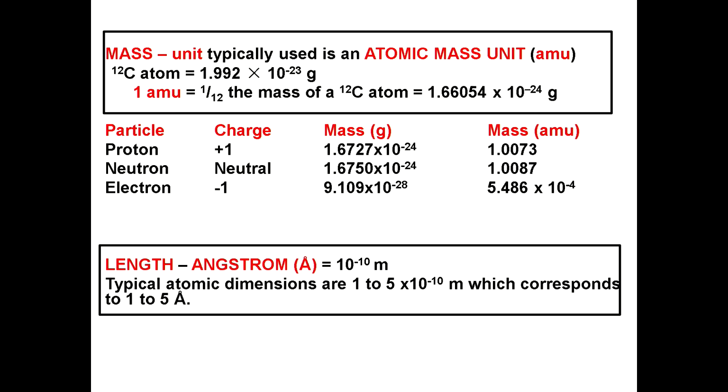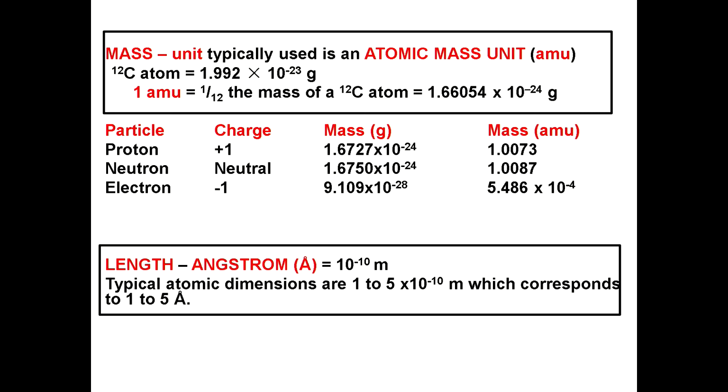For example, the proton: the mass in grams is this number, and this number divided by the mass of 1 AMU gives 1.0073. The unit is AMU. So we can say the proton is almost 1 AMU.